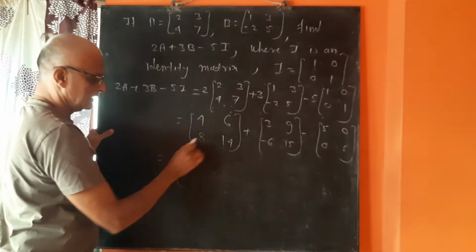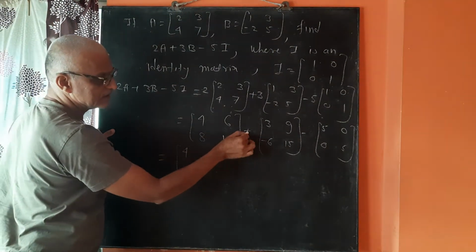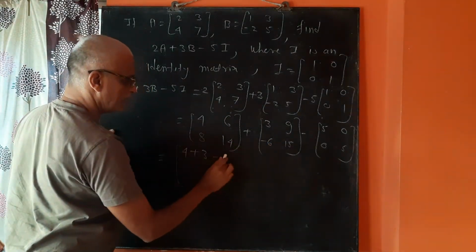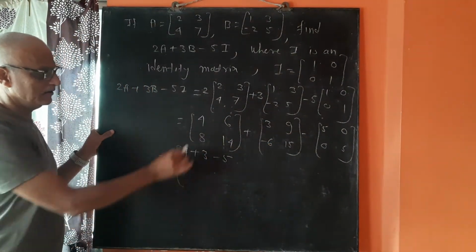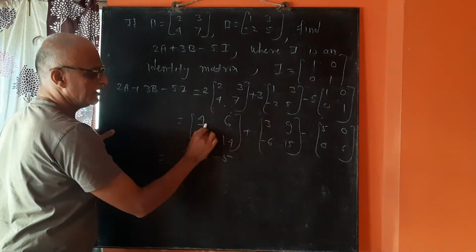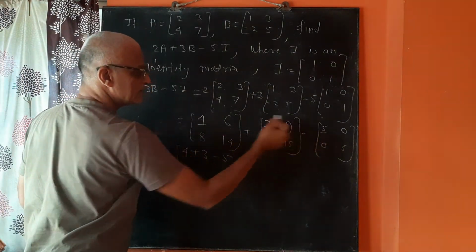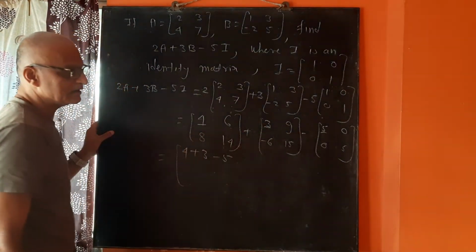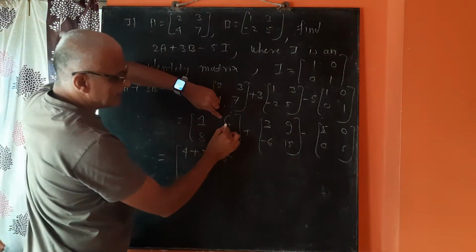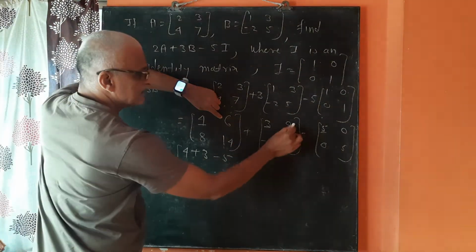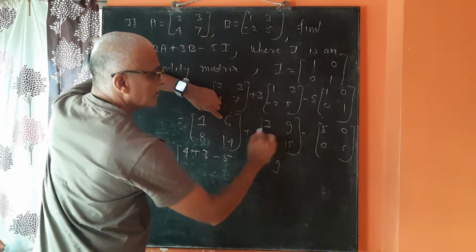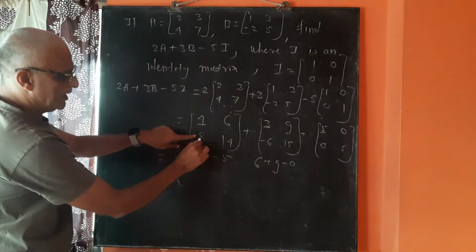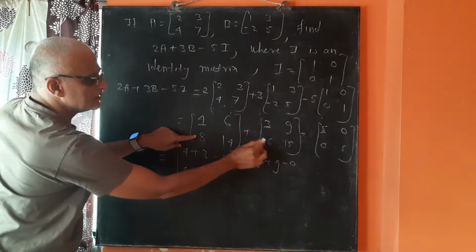4 plus 3 minus 5, the corresponding elements, this one and this one with the signs. The second element is 6 plus 9 minus 0, then 8 plus of minus 6.